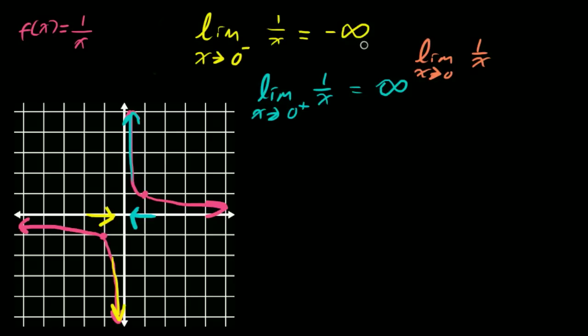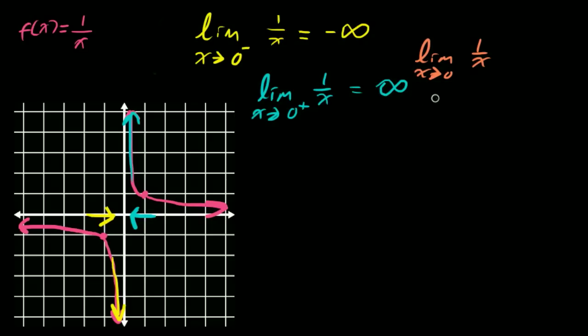And while they might look similar, these are exactly opposite. This one is growing to negative infinity, to unbelievably negative numbers. This one is growing to unbelievably large positive numbers.